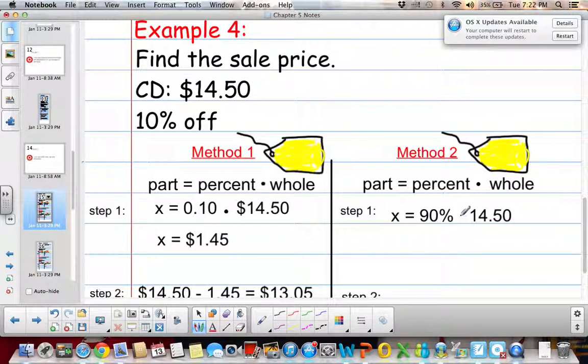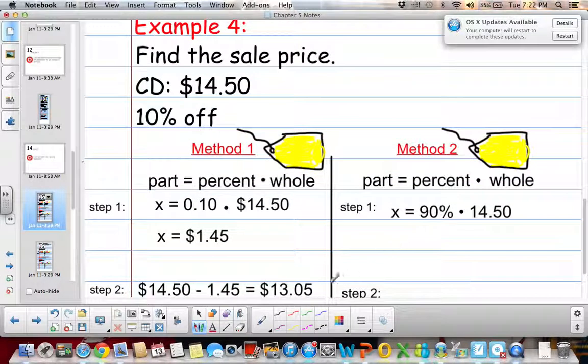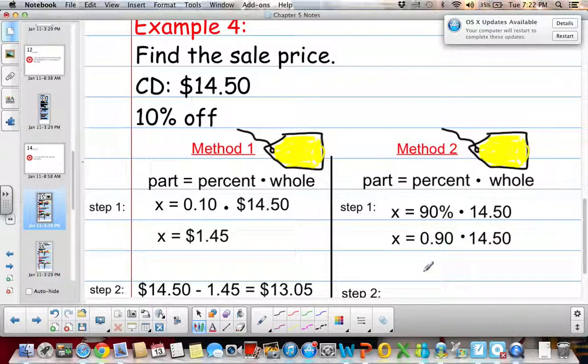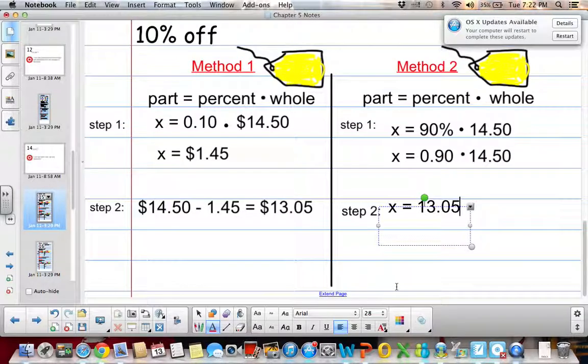I'll rewrite this: x equals 0.90 times 14.5. Putting that in my calculator, I get x equals 13.05, and they should match up.